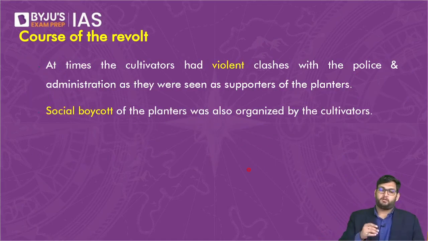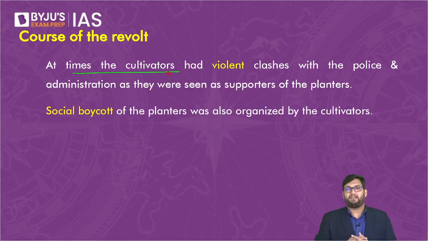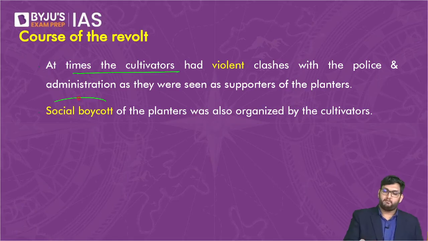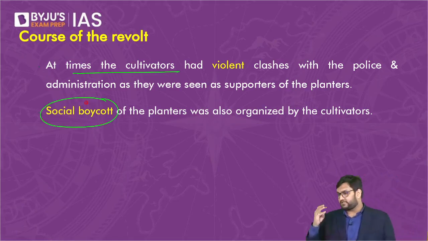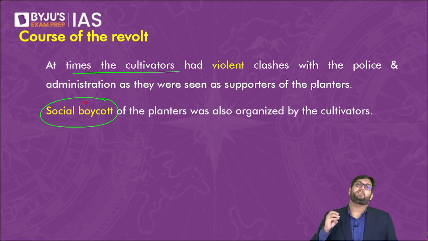So the cultivators at times also became violent, clashed with the police. But one of the things which was used by them was the concept of social boycott, wherein anybody who worked in the household of the planter was asked not to go, and nobody was going to help or work in the planter's household as a form of social boycott.